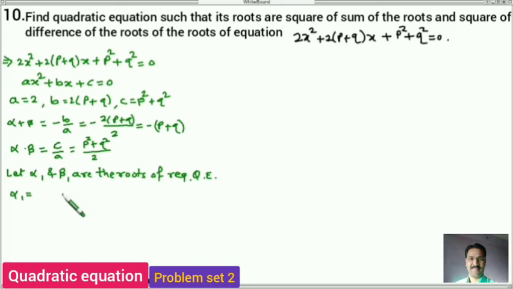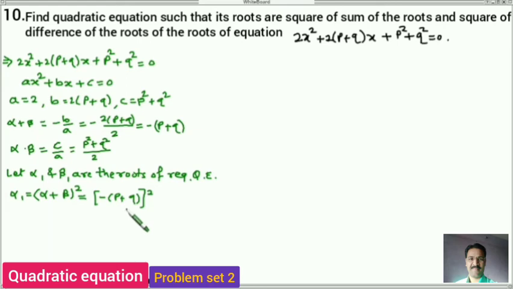Find the quadratic equation such that its roots are the square of the sum of the roots. The square of the sum of the roots means what here? Alpha 1 is nothing but the square of the sum of the roots. Okay, and I'll put the value here now. Look here. What is that? Square of minus p plus q, and we have to write square here.